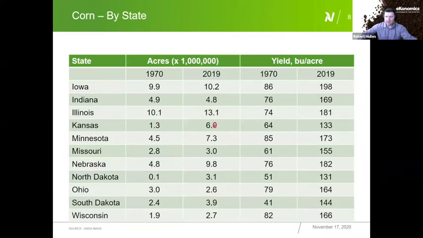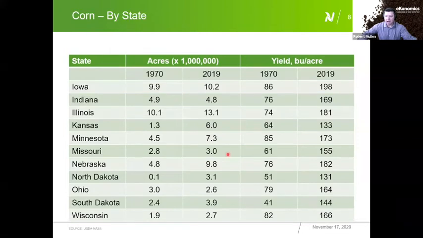Kansas has increased dramatically. Not all of that is irrigated. I know that might be your first thought. There's a fair amount of irrigation out in western Kansas, but some of this is just improved genetics of our traditional corn hybrids that are better able to withstand some of those droughtier conditions that they experience out there in the Central Plains. Minnesota's had almost a 3 million acre increase.